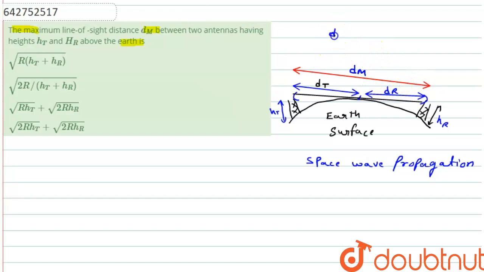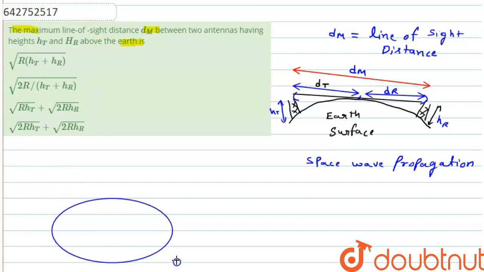We can write that dm is the line of sight distance. Students, now we have to calculate the value of dm. Suppose we draw the diagram like this. This is the earth surface, and there is an antenna at this surface.